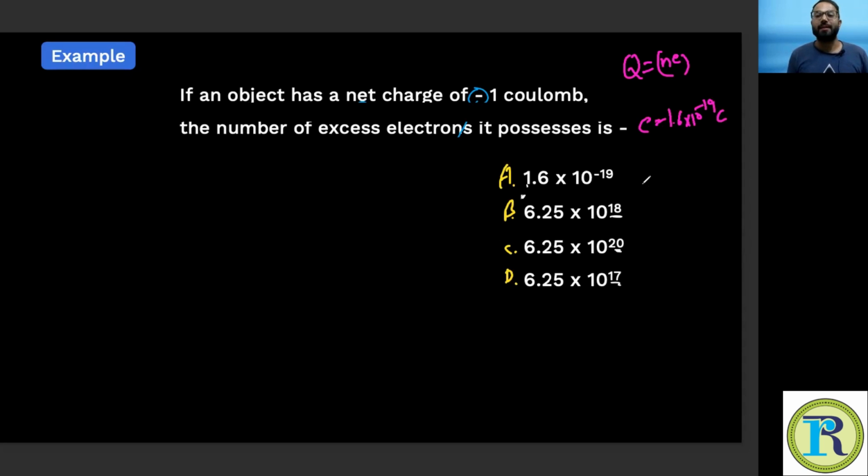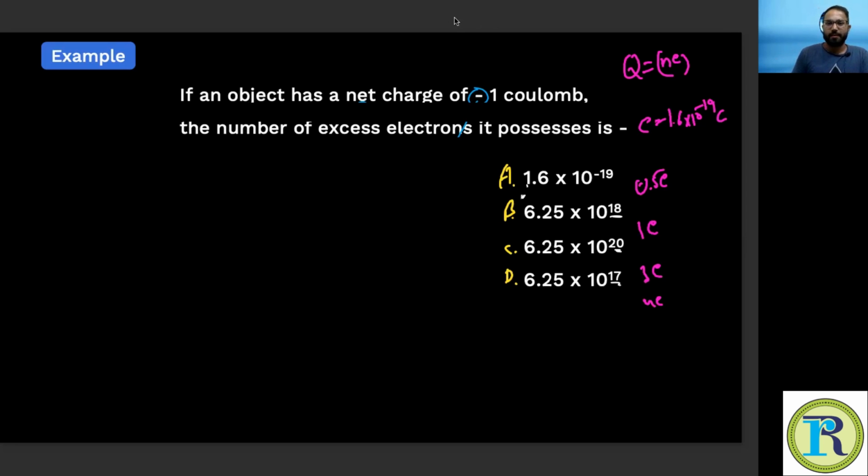Charge can't exist like 0.5 E. It can exist like 1 E, 3 E, 4 E, meaning integral multiples of electric charge. This property is called charge quantization. There are some packets; charge exists in integral multiples of the charge of 1 electron. So this is the hint. Now you can try this question.